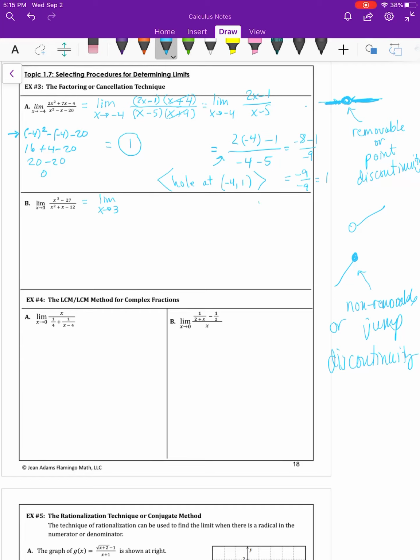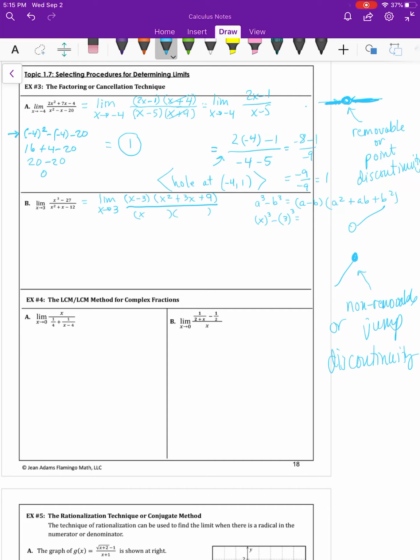And I want you to remember for this one that a cubed minus b cubed equals a minus b times a squared plus ab plus b squared, okay? And that we can look at this as my a is x and my b is 3. So I can say that this is going to factor to x minus 3 times x squared plus 3x plus 9.